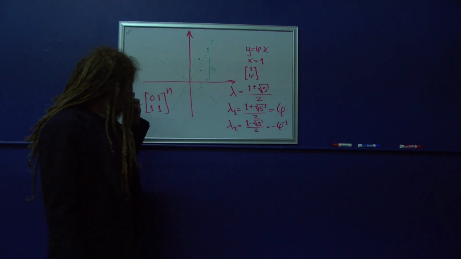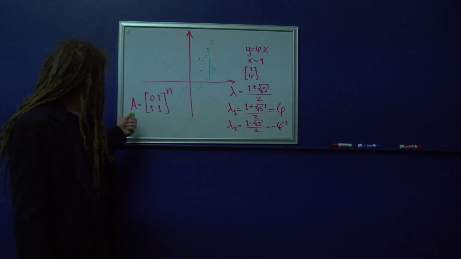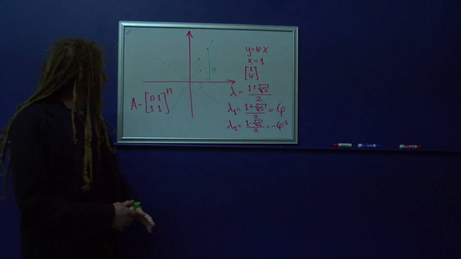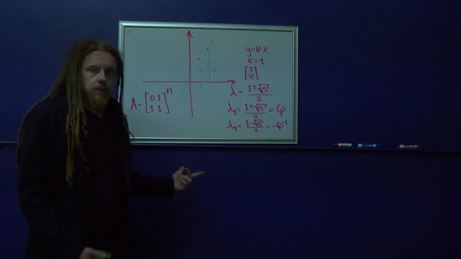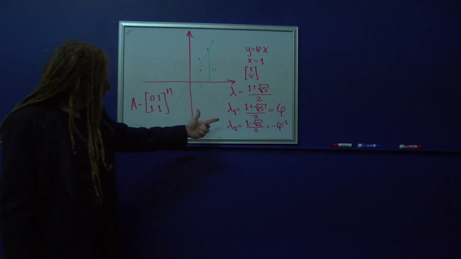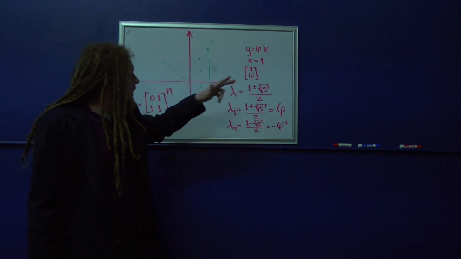Anyway, I think this is a kind of a beautiful way of approaching this concept of not only the Fibonacci sequence limiting to phi, but any sequence defined by this recursion, no matter what your starting point is, will satisfy this relation of subsequent coordinates.